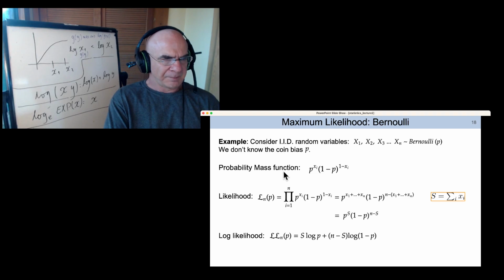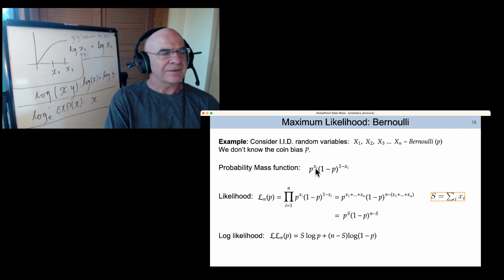The probability mass function, that is the probability that xi equals 1, is just p. Warning, p in the previous set of slides appeared as pi because we wanted to keep the letters distinguished. Now we'll just use p as a constant. It's not a function. So it's p to the power xi times 1 minus p to the power of 1 minus xi.